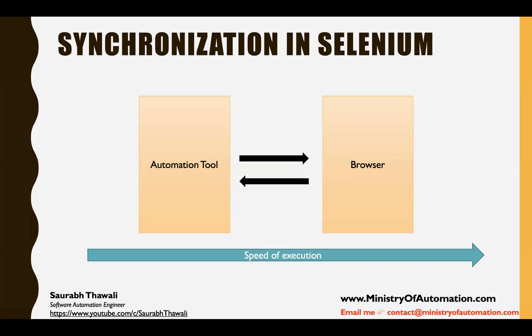So first, why we need synchronization. Let's try to understand that. A very simple example: you are driving along with your friend. Let's say two cars are driving on a road, right? And if you both maintain the same speed, you are synchronized.